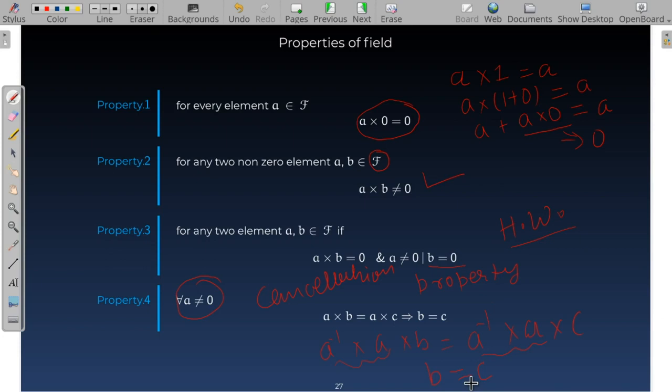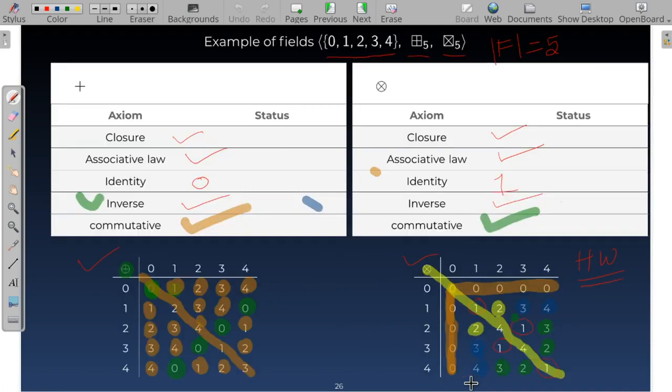With the discussion of these four properties, I'm going to conclude this lecture today. In the next lecture we are going to see a finite field like this one, 0, 1, 2, 3 and 4, under modulo 5 multiplication and modulo 5 addition, and we are going to see certain interesting properties of this group and this field.